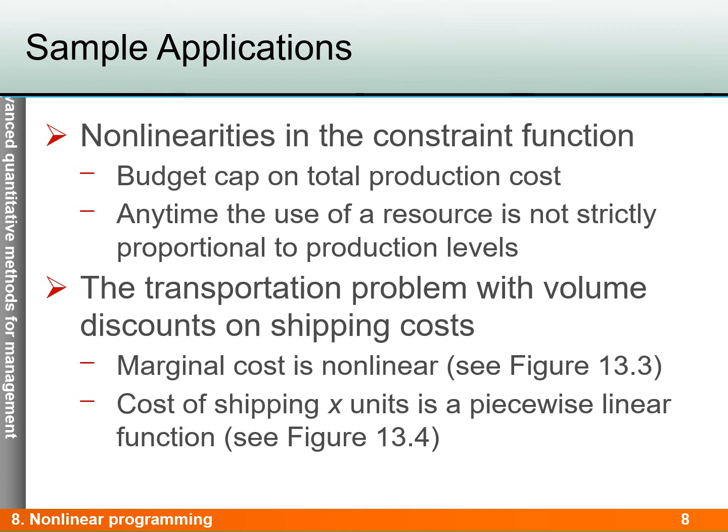The resulting cost of shipping x units is then given by a nonlinear function, obviously C(x), which is a piecewise linear function with slope equal to the marginal cost, like the one that we'll see in our figure 13.4. There, for our different amounts of shipment, the marginal cost will be different. That is something like stairs that we'll see in our next slide.